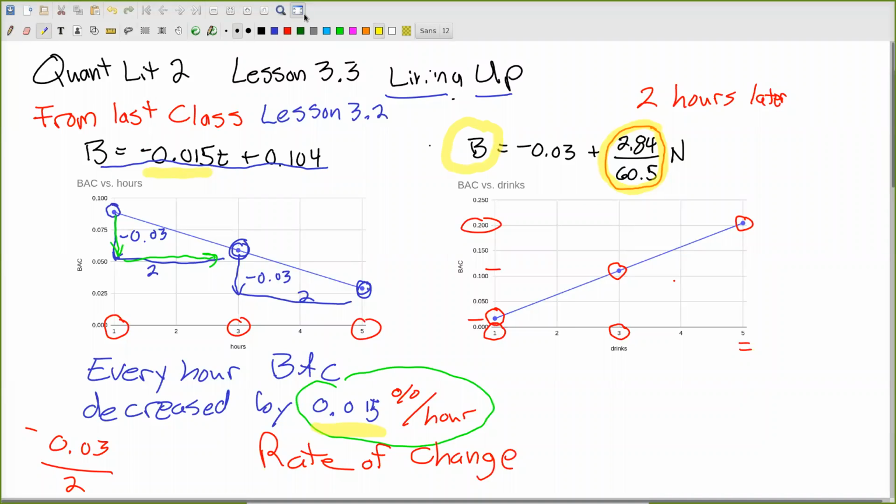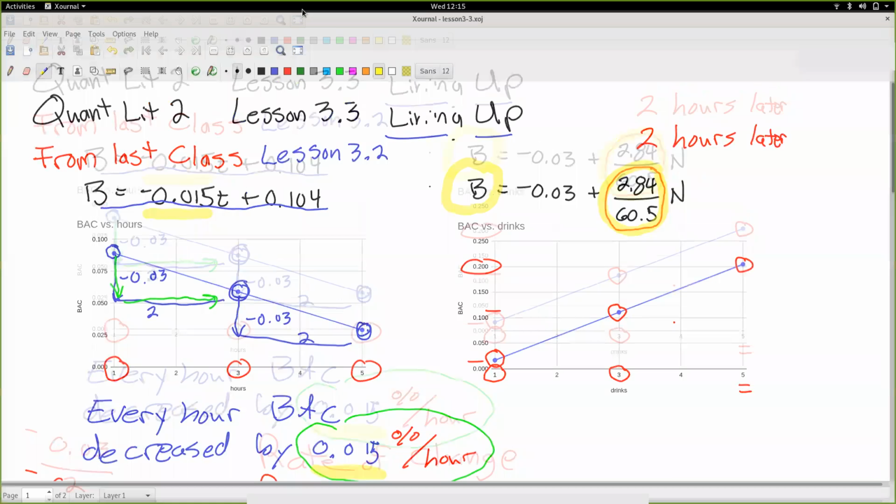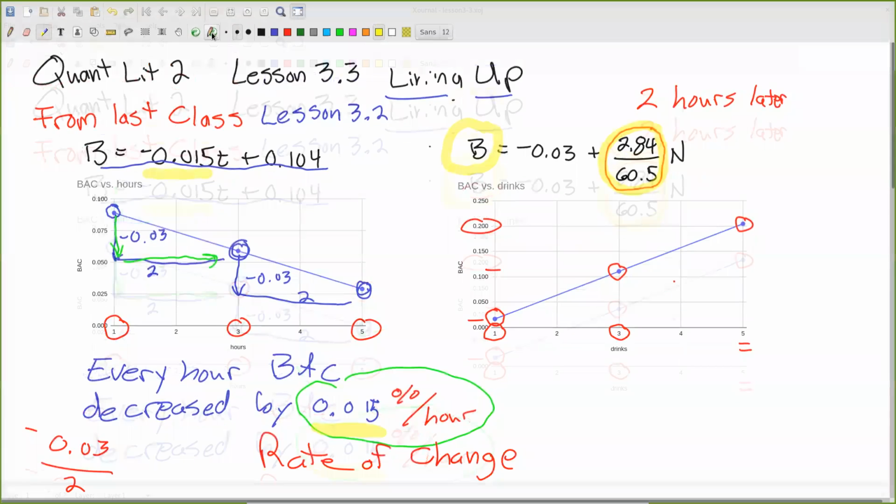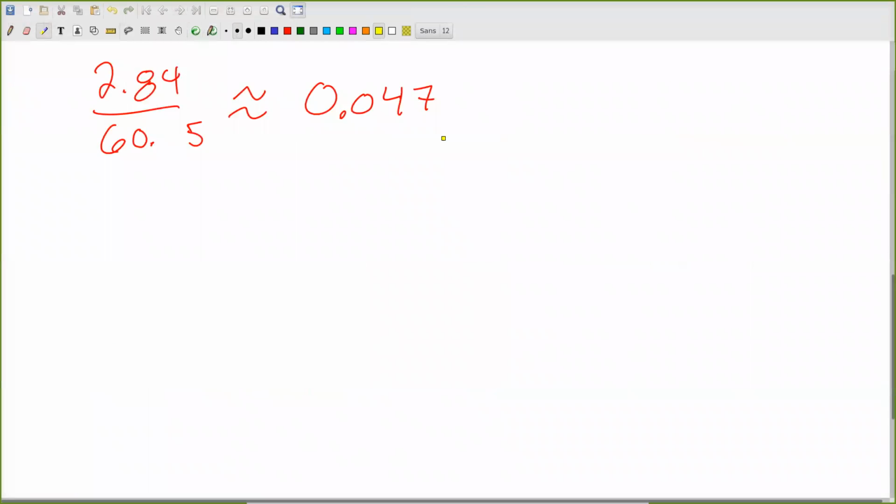So the way that works for that number multiplied by the variable, it's always going to be the result you're trying to calculate, which is percent BAC, divided by what you're plugging in, which in this case is drinks.